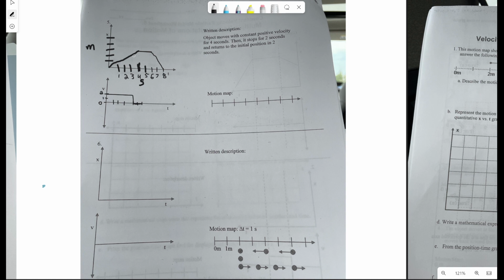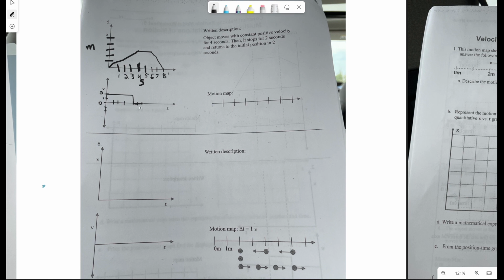So depending on your slope of this line, again, it doesn't tell you how fast it was moving, or it doesn't give you the distance it was moving. So in this case, if it's returning to its original position, then just like if you're driving a car, you drove a car forward, now you need to drive a car backwards. You need to hit the reverse to go back to your original position.